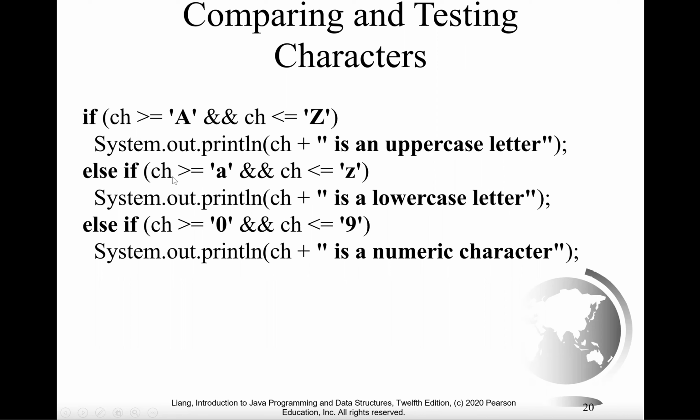Else, if the character is greater than or equal to lowercase a and less than or equal to lowercase z, this character is a lowercase letter. And this is a test if this character is a numeric character.